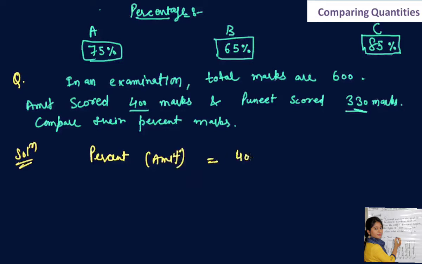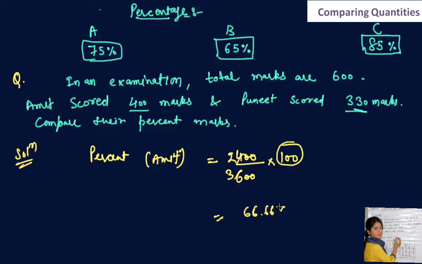So first we find for Amit: 400, the obtained marks, over 600. And to bring the percentage, we multiply by 100. 2 zeros will be cancelled out by 2 zeros, so we are left with 4 over 6. Again if we reduce it, we get 2 over 3.